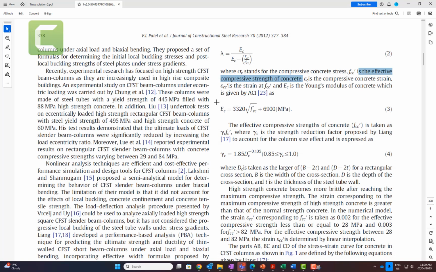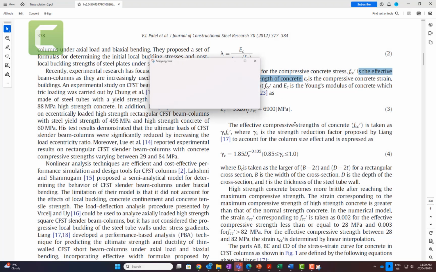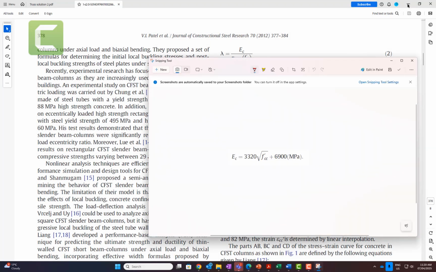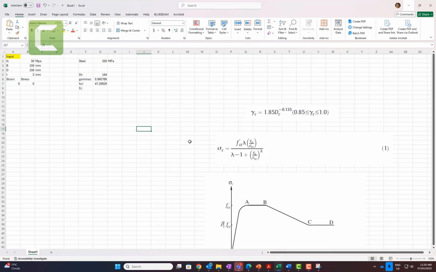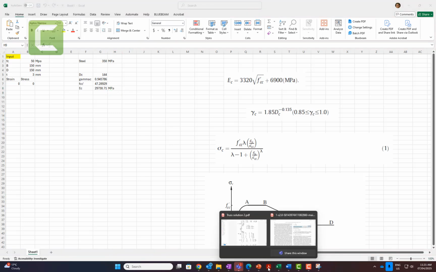It will be in our Excel file. Copy, and that's here. So equal to 3320 multiplied by this to the power of 0.5, or square root, plus 6900, in megapascals. So that's fine.